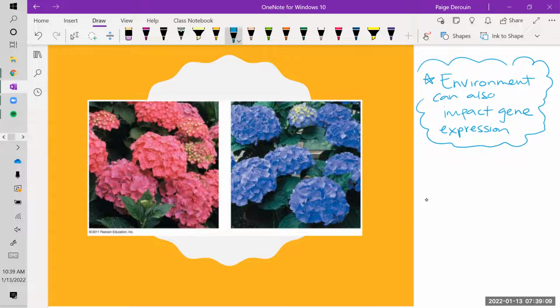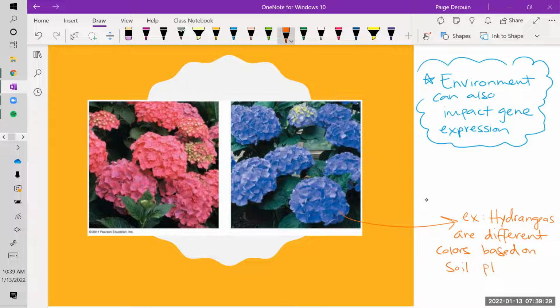So this is an example. Hydrangeas are different colors based on soil pH. So if you ever go to the beach, you will see hydrangeas.